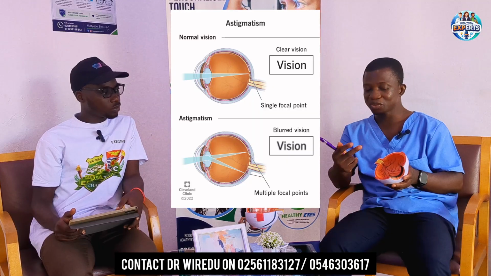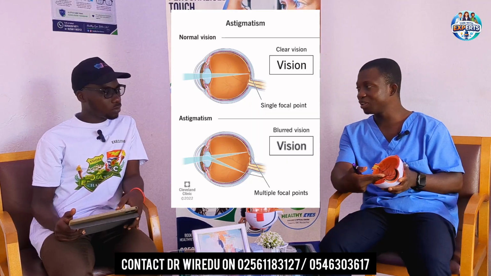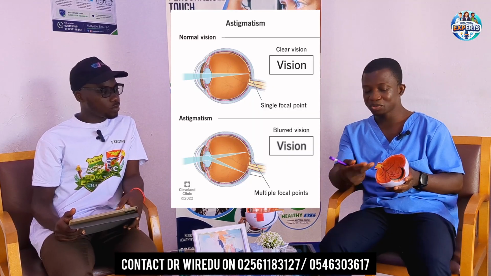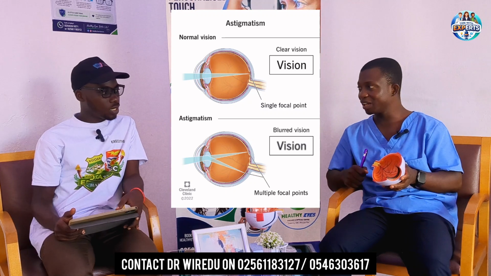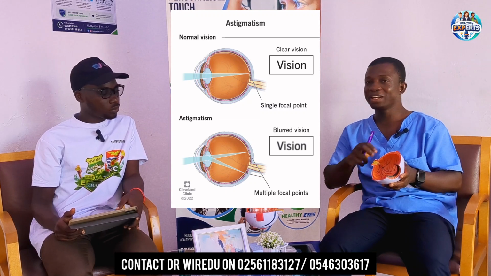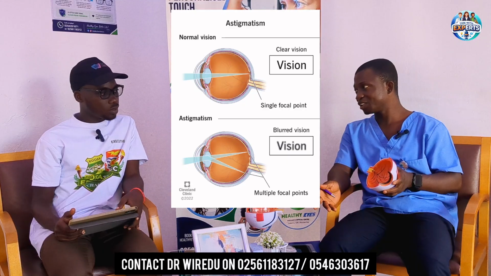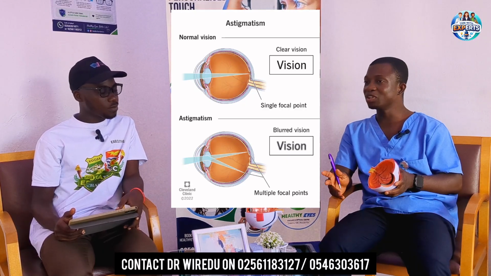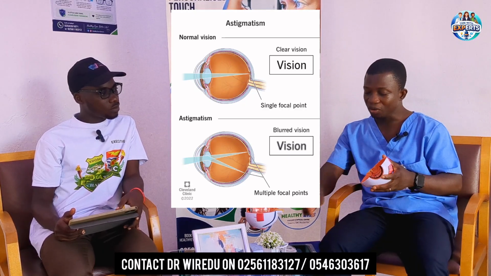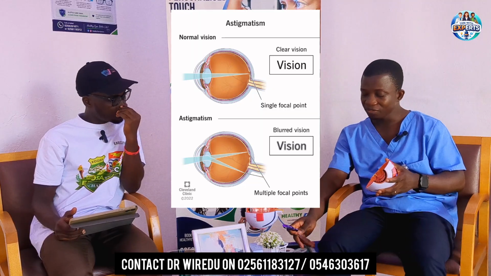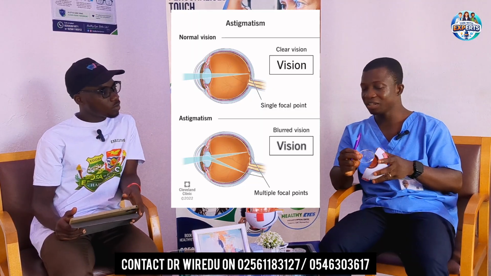Sometimes too, the two can suspend within the retina. Sometimes too, the two can suspend behind the retina. So anytime there's two images forming, we say that you have astigmatism. And it mostly comes in when the cornea, which is the first refractive media, is not evenly curved.